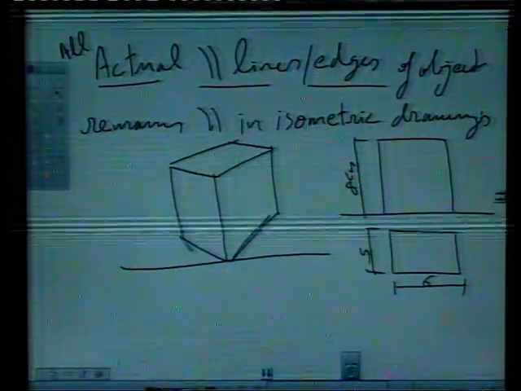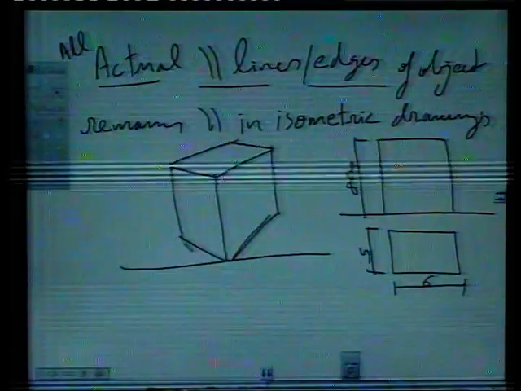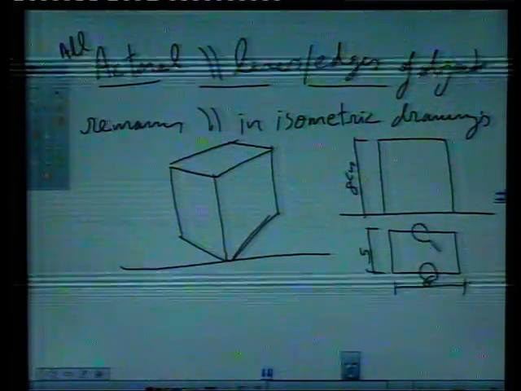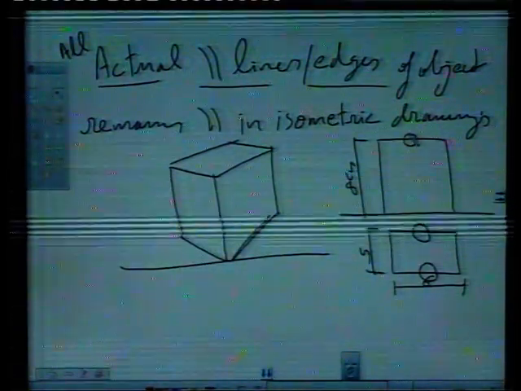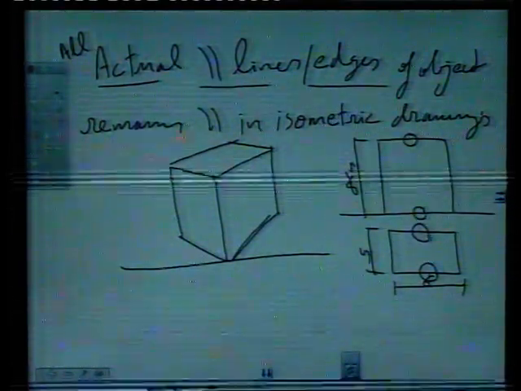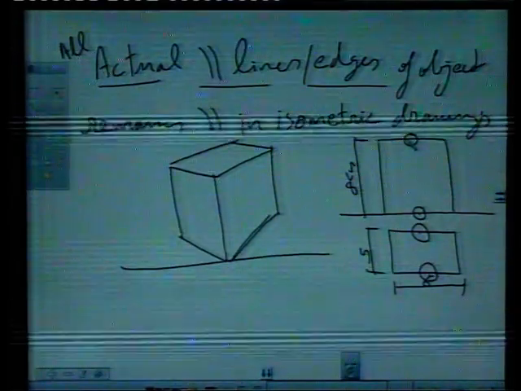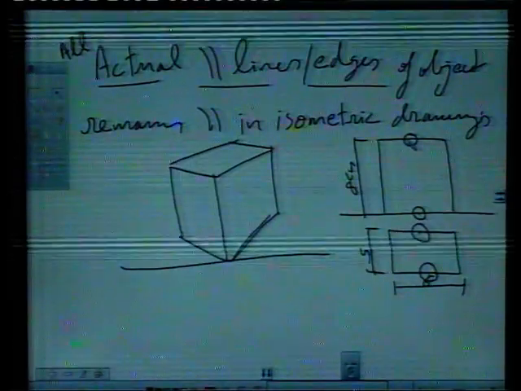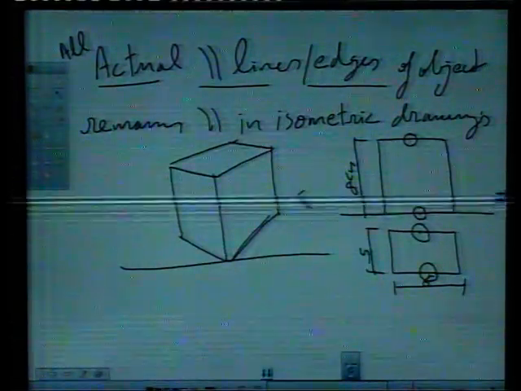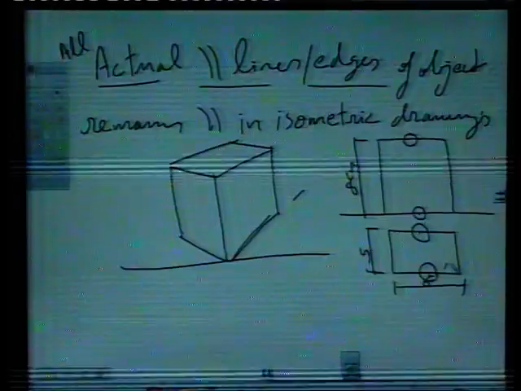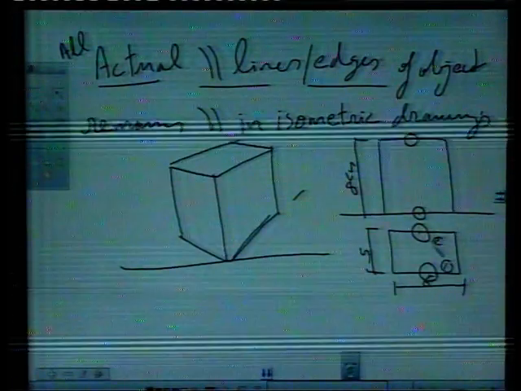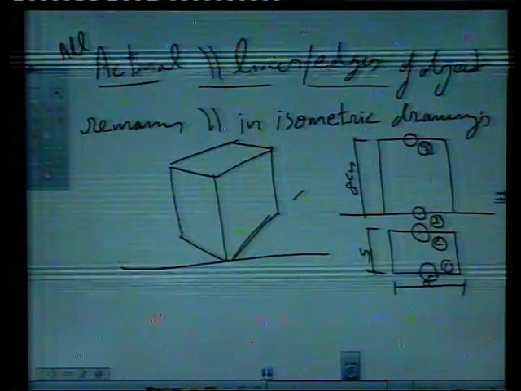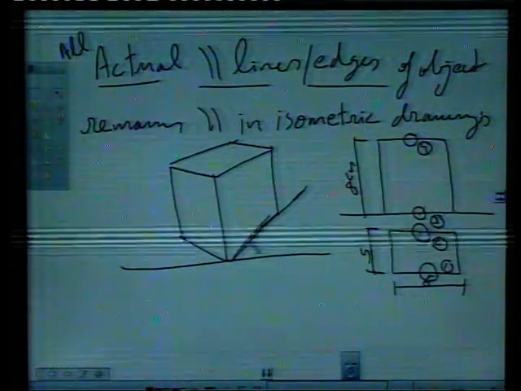Right. Now, we can see from the orthographic that this edge number 1, this edge number 2, this edge number 3, and its corresponding base point 1, 2, 3, 4, all these edges are parallel. So in isometric also these edges are parallel. Say this is 1, this is 2, this is 3 and this is 4. Number 1 edge is this.